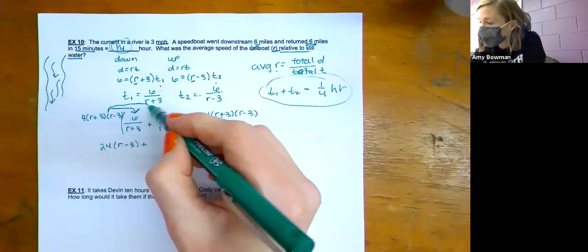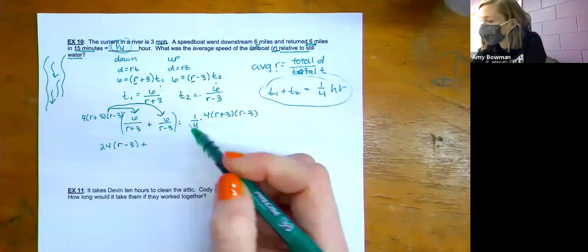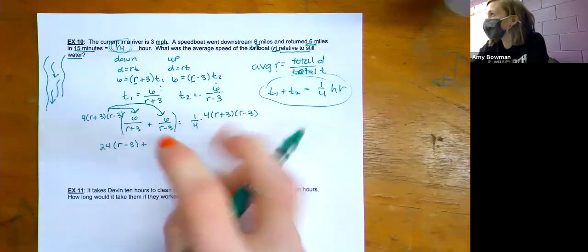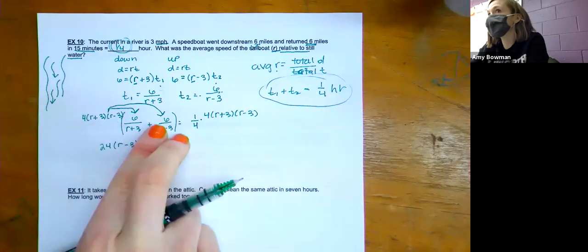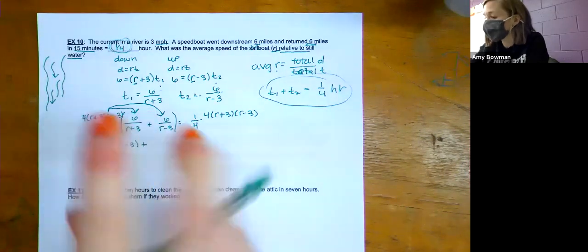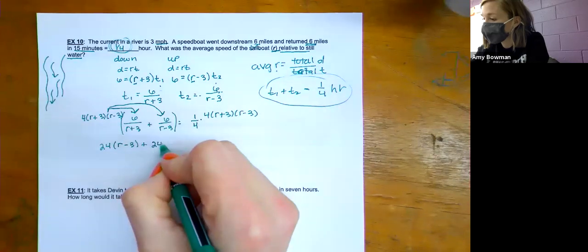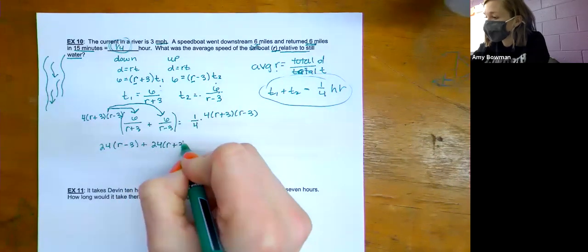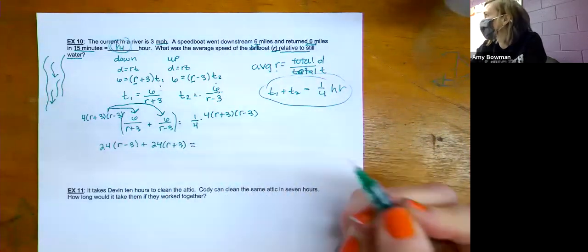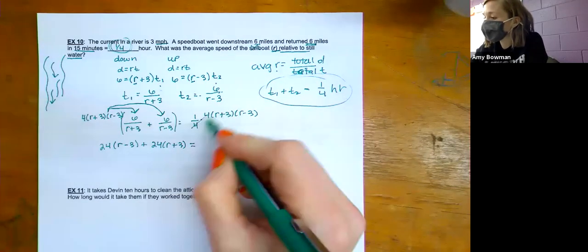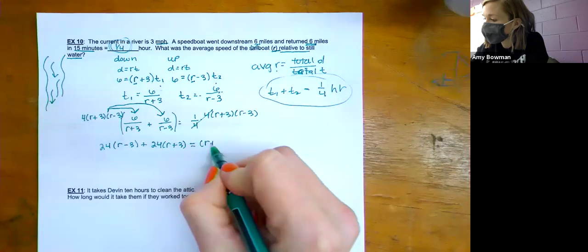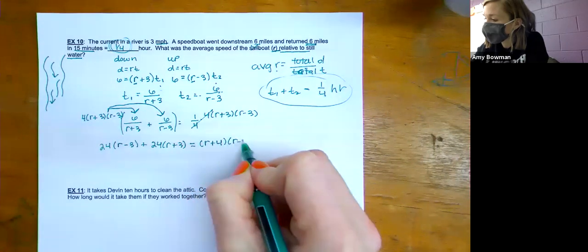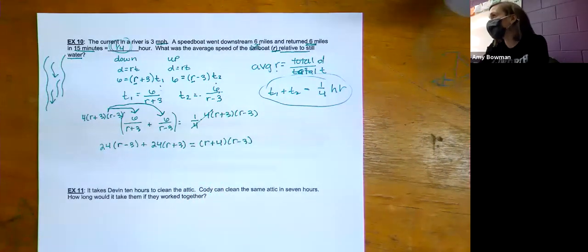When I multiply it by the second one, the R-3s are going to cancel, leaving 6 times 4 times R+3. So 24(R+3). And then on the right side, the 4's cancel, and it's just (R+3)(R-3). Okay, the fractions are gone.